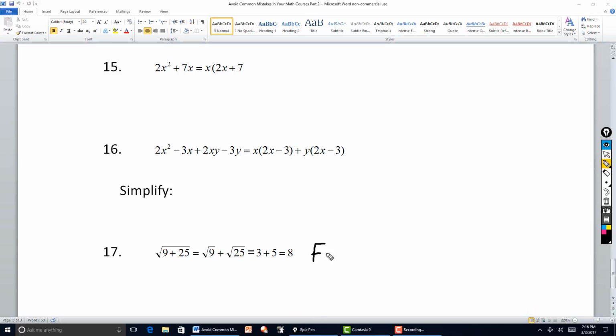You can't distribute this radical over addition. Now, if you have something like the square root of x times y, you can distribute this over multiplication, you can say that this is the square root of x times the square root of y.